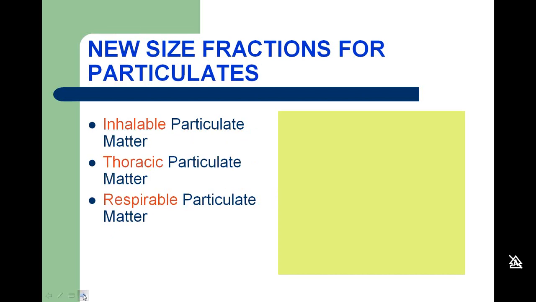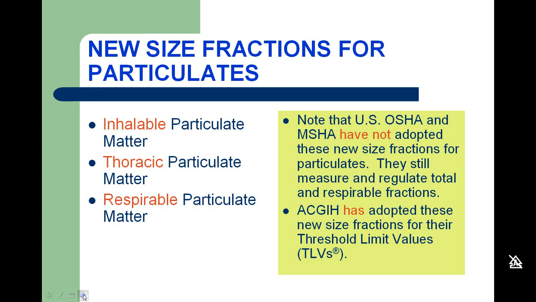Particulates are now often defined in terms of inhalable, thoracic, and respirable particulate mass. Note that in the U.S., OSHA and MSHA have not officially adopted these new size fractions, but ACGIH does indeed use these new definitions for their threshold limit values, or TLVs.